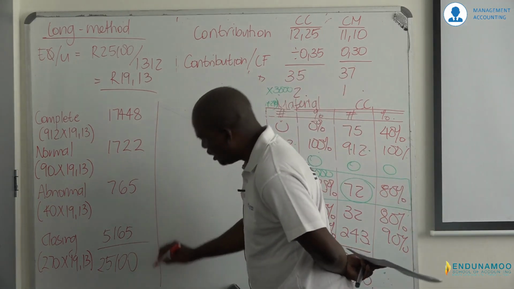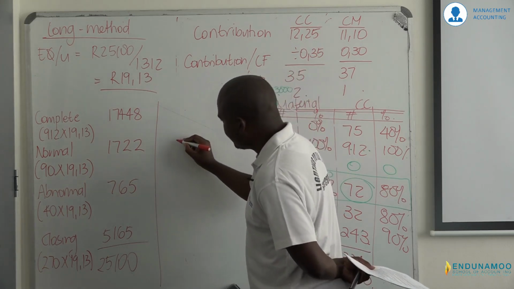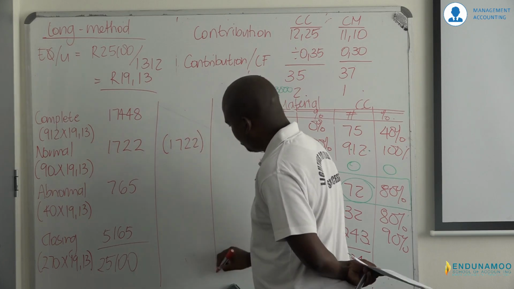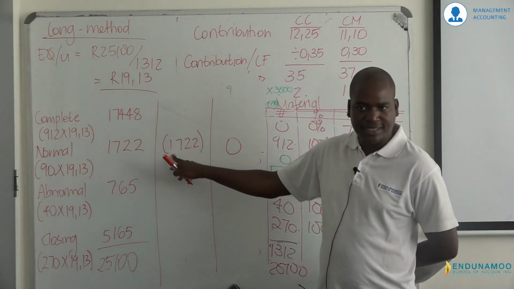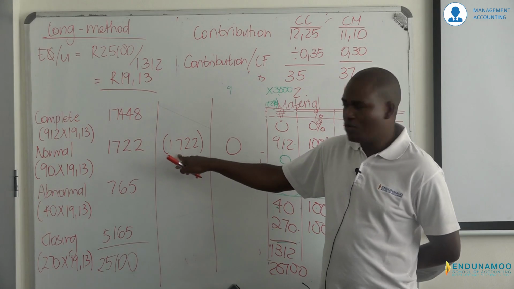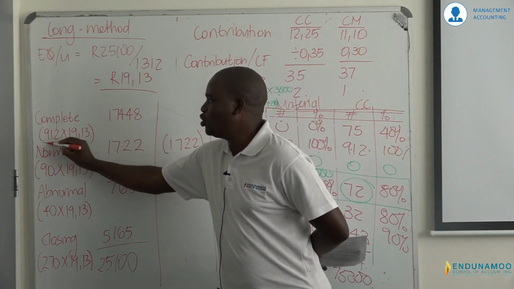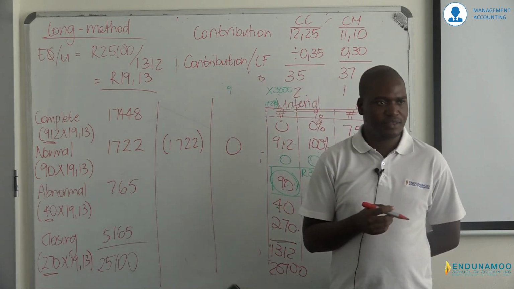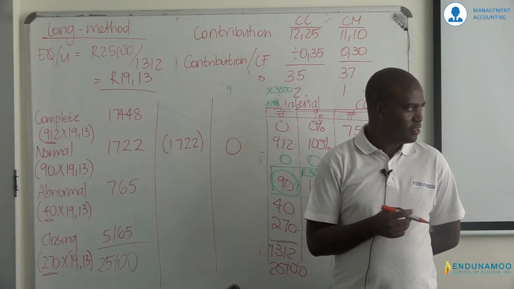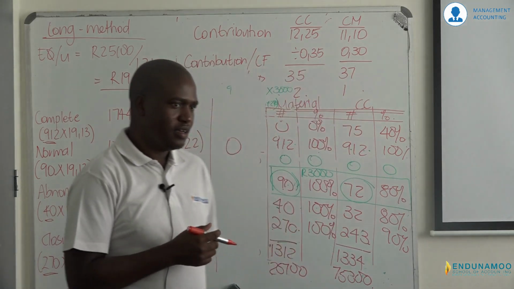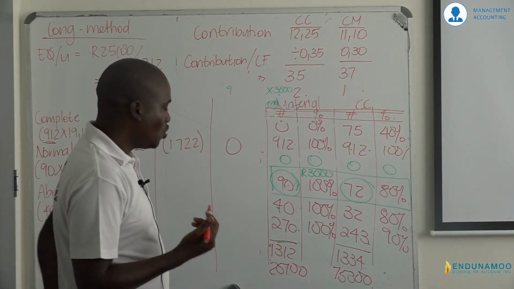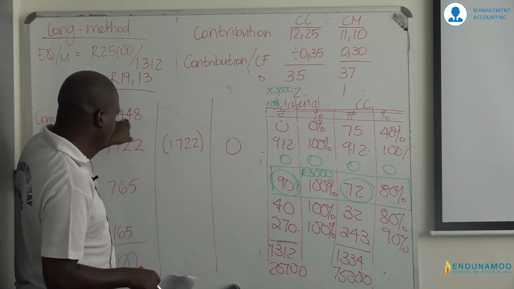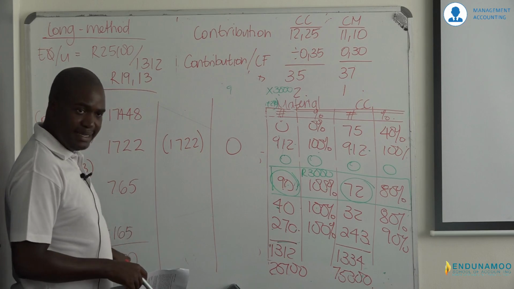So now, with the long method, you need to make this 0. Do you understand? You make it 0 by reallocating to the complete, abnormal, and closing altogether. How do you make it 0? You take this and you reallocate it to this, this, and this.